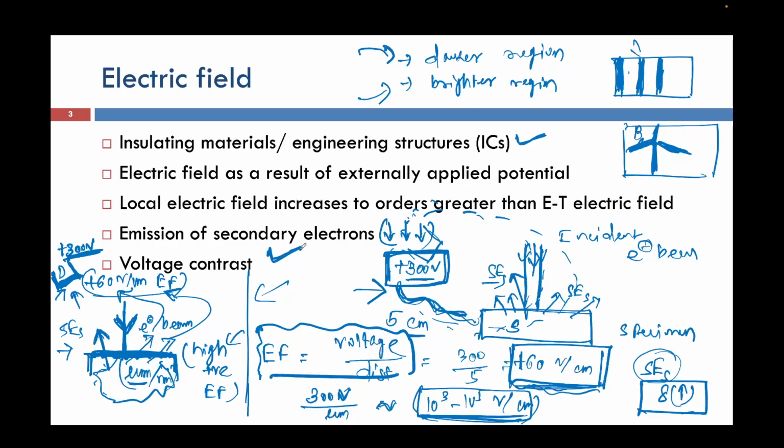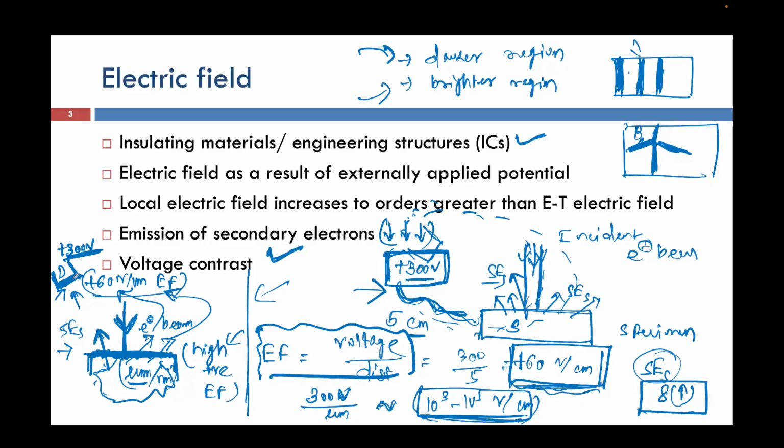We can say that this electric field contrast is occurring due to the difference in surface potential. Let's say in one portion of the surface the potential is more, then it will attract more secondary electrons, and it will not allow all the secondary electrons to go to the detector.